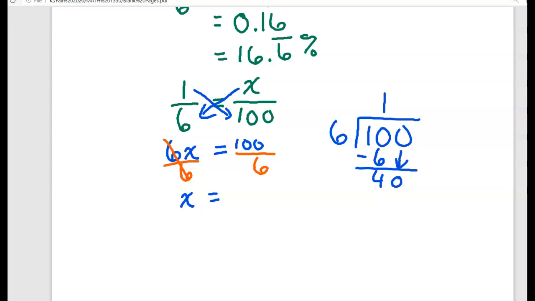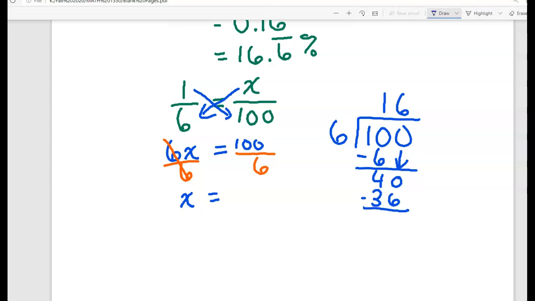6 goes into 40 6 times. 6 times 6 is 36. We take their difference with a remainder of 4. So we have 16 whole with 4 out of 6 left over.